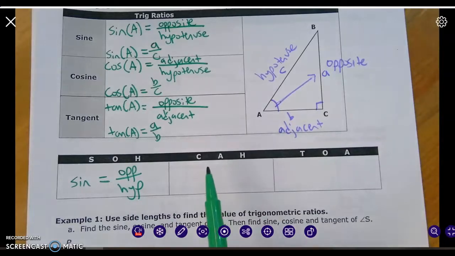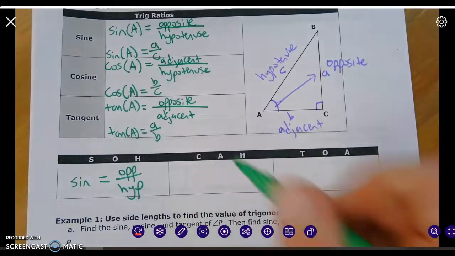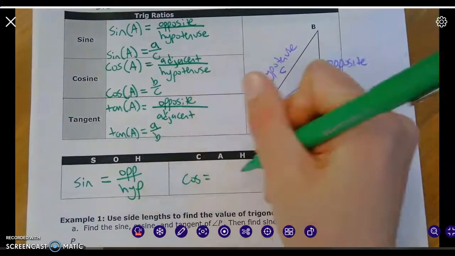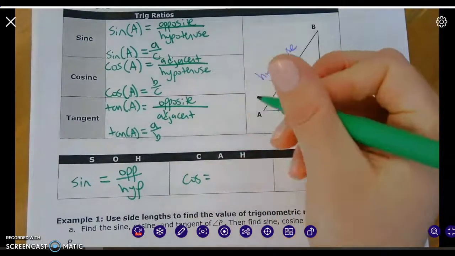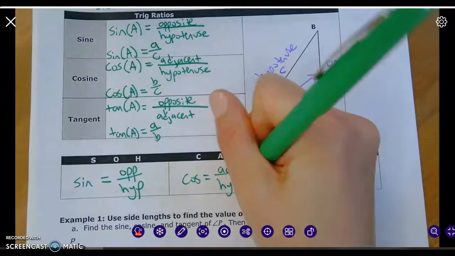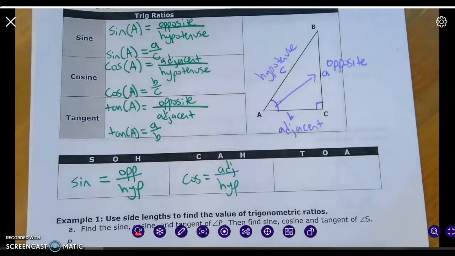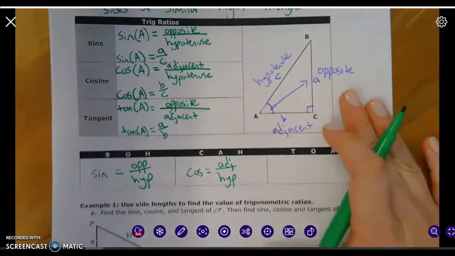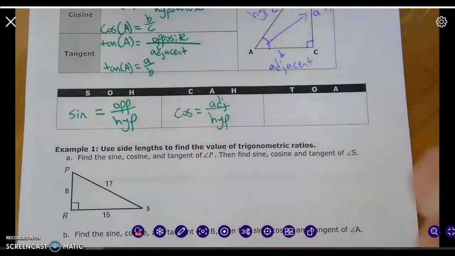And then the second one, ka. A over H. And what do A and H mean? So we got so, ka. I'm really just shorthanding what we had up here, guys. And then toa.